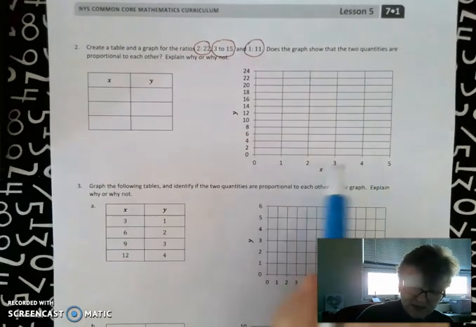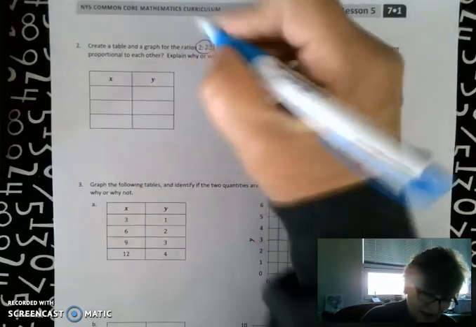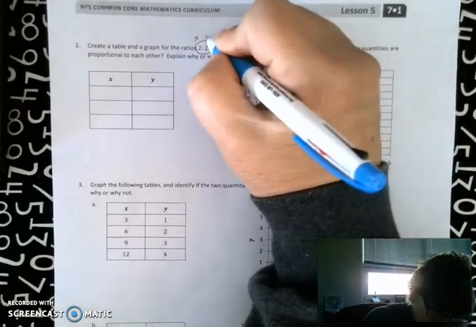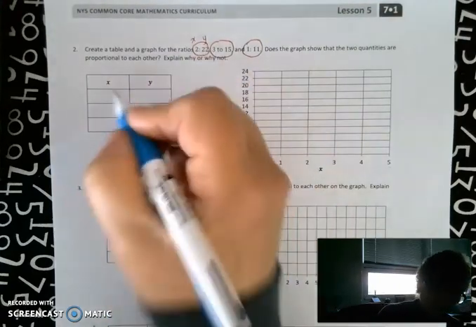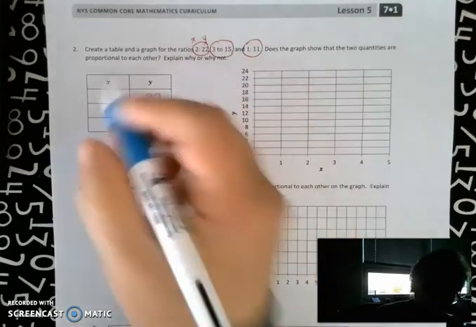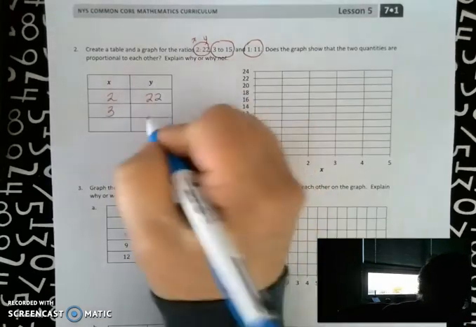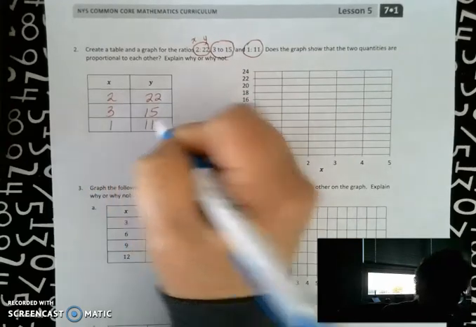If you notice, my x's is only counting to 5. So with that being said, I know that this is my x and this is my y. So when I record my first ratio of 2, 22, and 3 to 15, and 1 to 11.